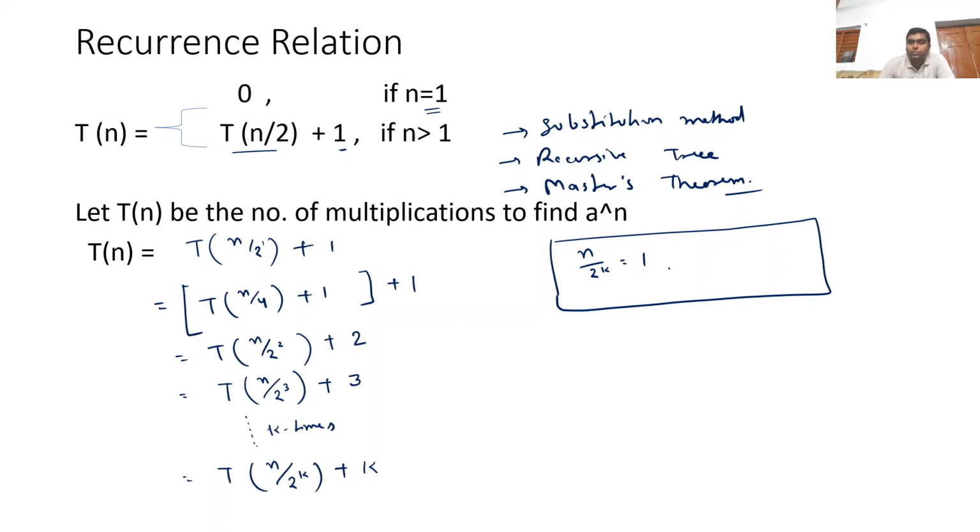So from here we get n equals 2 raised to the power k, and k equals log n base 2. So we are getting the value of k as log n base 2.